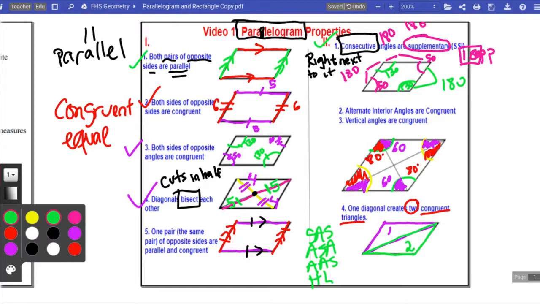I think I'm probably forgetting one. Remember all of this? So just know when you're working with the parallelogram, you can have 2 congruent triangles with that one diagonal cutting them perfectly in half. That's it. All right, you ready to do the practice? You got this.